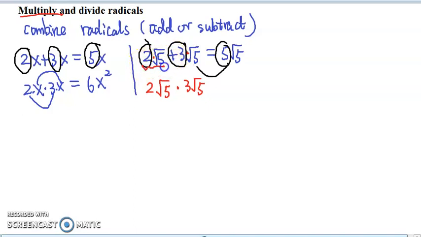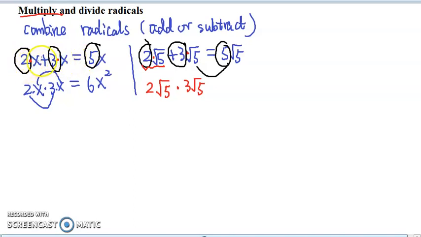But for multiplication, there's nothing you can do, because 2 times square root of 5, we cannot really multiply 2 and 5 in there, because 2 is outside of the radical and 5 is within the radical. Although we have multiplication, we couldn't multiply them, just like when we have 2 times x, we cannot really multiply 2 and x because we don't know what x is.